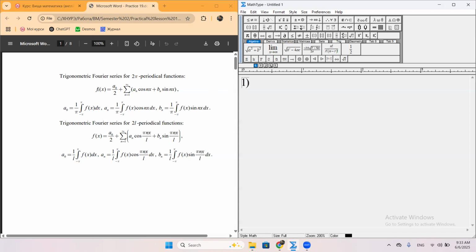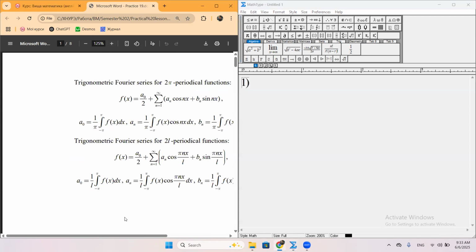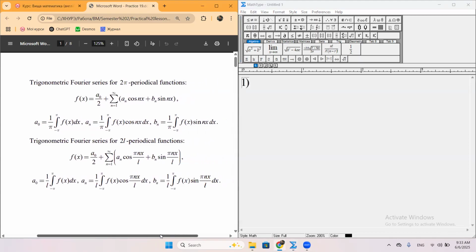So this is the generic form of Fourier series for 2p periodical functions. f of x equals a0 over 2 plus the sum of an cosine of nx plus bn sine of nx. Formulas for finding these coefficients are the following. For a0 we integrate function f of x from minus p to p and divide by p.